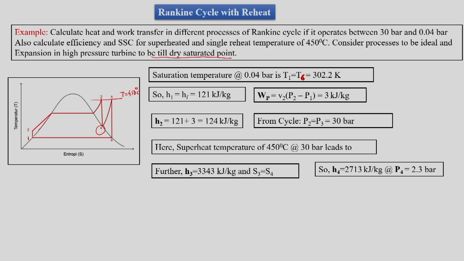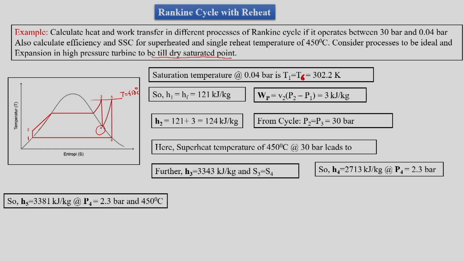So that is how we know the enthalpy at the entry to reheater 1, since we have a single reheater. Then we will go again to the steam table corresponding to 2.3 bar. There we will look at the temperature 450 degrees Celsius. For that we will find the enthalpy at 5, which is 3381.